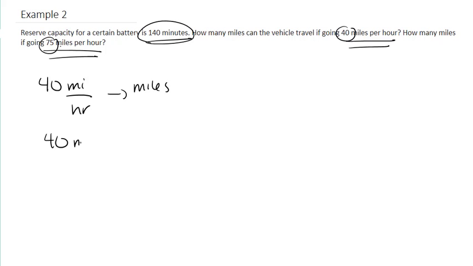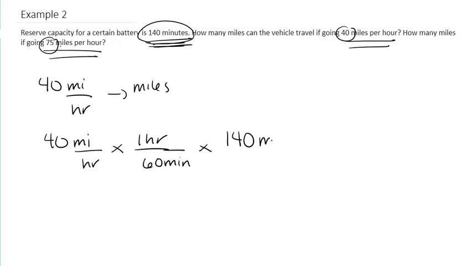So how we do this is we have 40 miles per hour, and we need it to go into minutes. So we use 1 hour into 60 minutes. And then we know we have 140 minutes of time. So all we do is then do 140 minutes, and then this gets rid of all our time, and we're left with just miles.